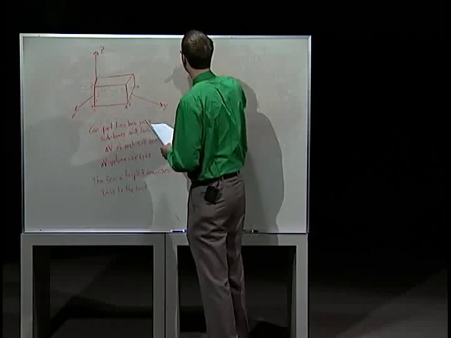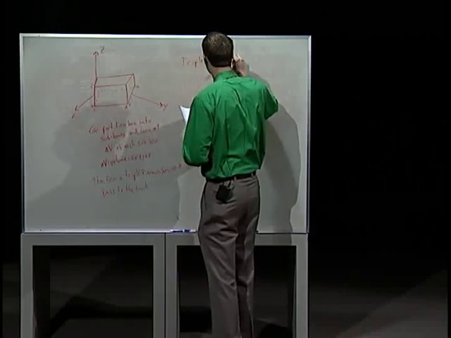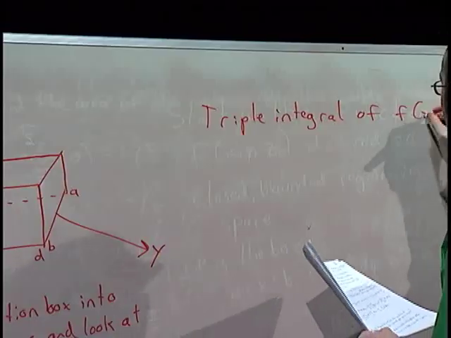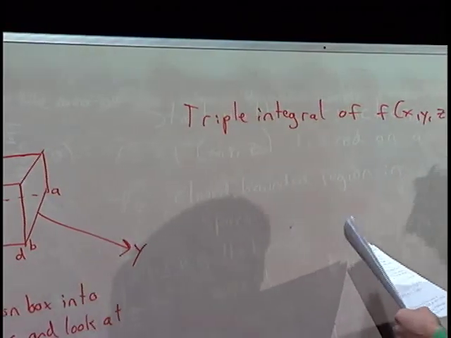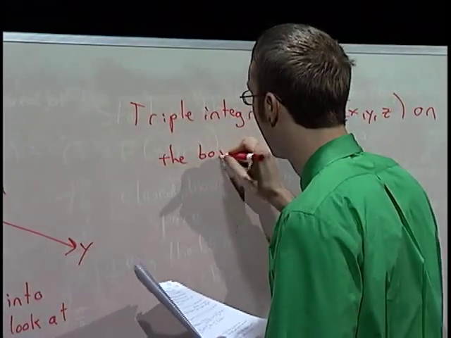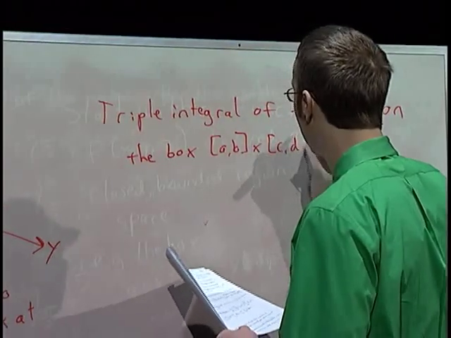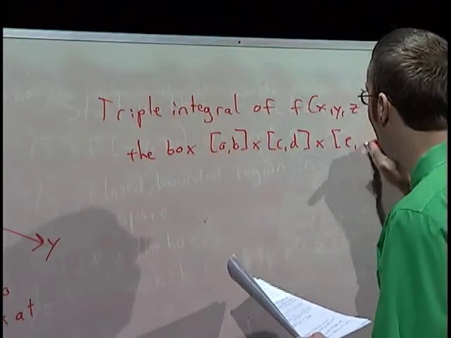So the triple integral of the function f of x, y, z on the box [a,b] cross [c,d] cross [e,f].